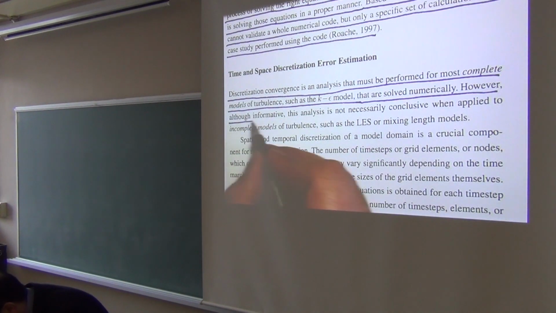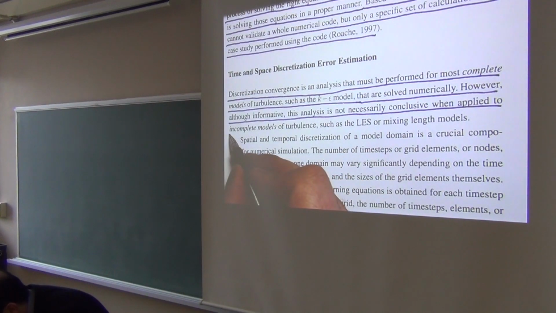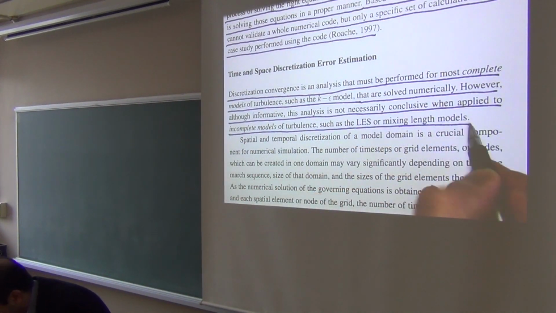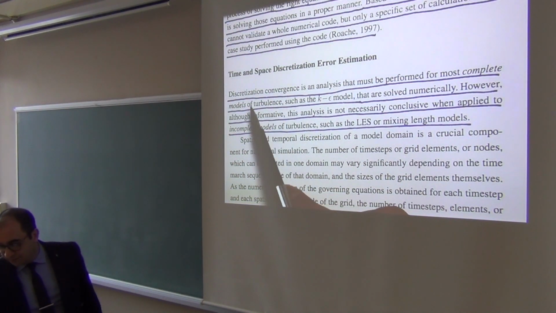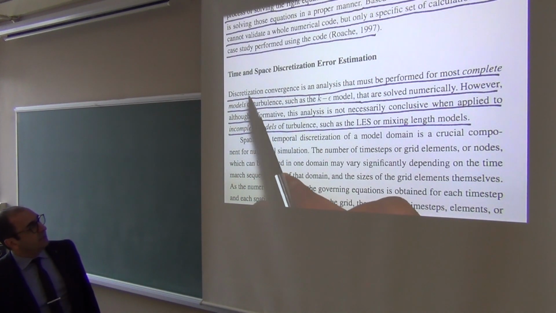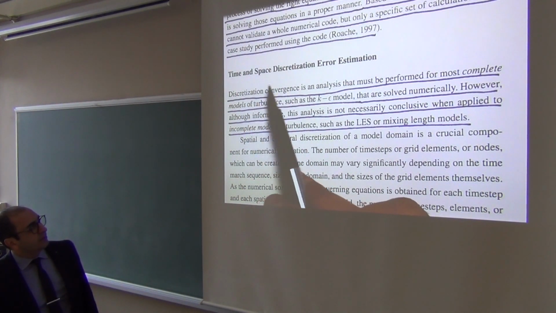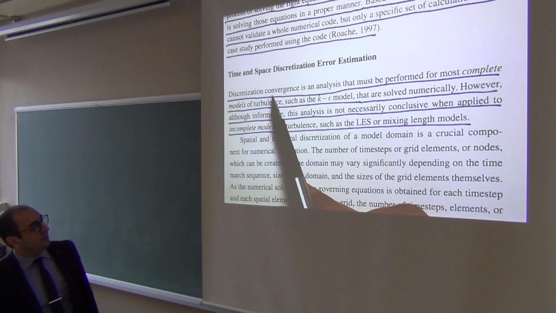However, although informative, this analysis is not necessarily conclusive when applied to incomplete models, such as the LES or mixed model. So see, I'm saying something about convergence as a result of discretization. This has only meaning if you are using a complete turbulence model, which means that if you make your discretization finer and finer and finer, if you make your grid more and more and more small, grid elements, eventually your equations converge to a solution.